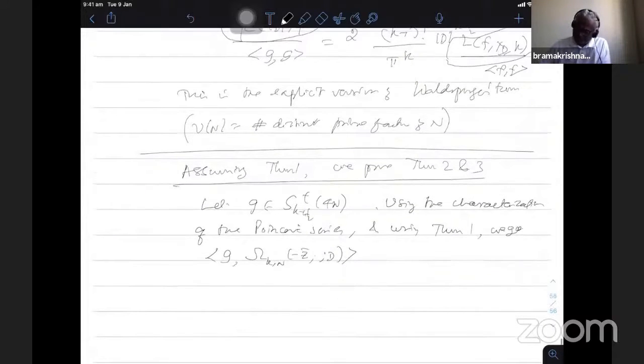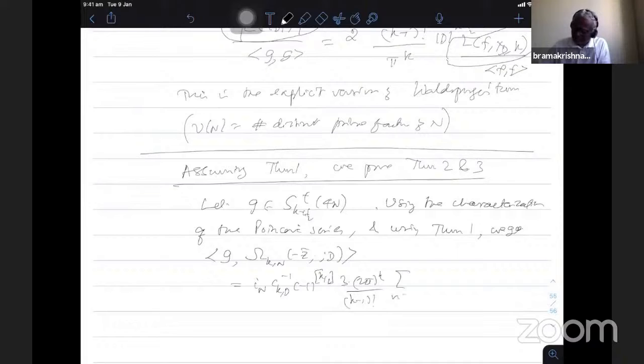So substituting constants here, I am just using theorem 1 to write this omega in terms of the constants and the Poincare series. Minus 1 power k by 2, 3 into 2 pi power k by factorial k minus 1. These are all the constants there.